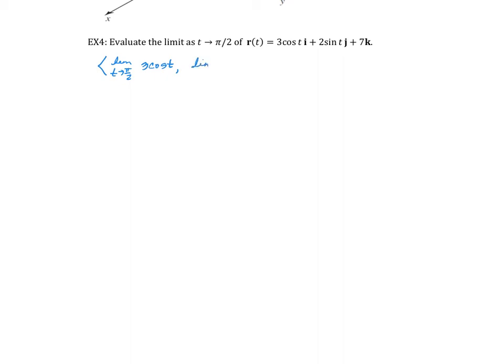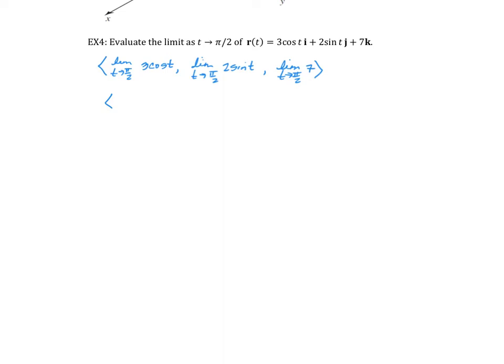The limit as t approaches pi over 2 of 2 sine t, comma, the limit as t approaches pi over 2 of 7. Notice that I left off the ijk because I'm writing it with those vector brackets. And this is a plug in the value, see if you get a number.